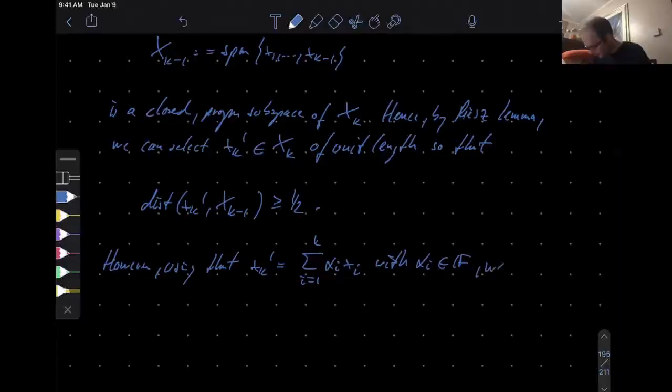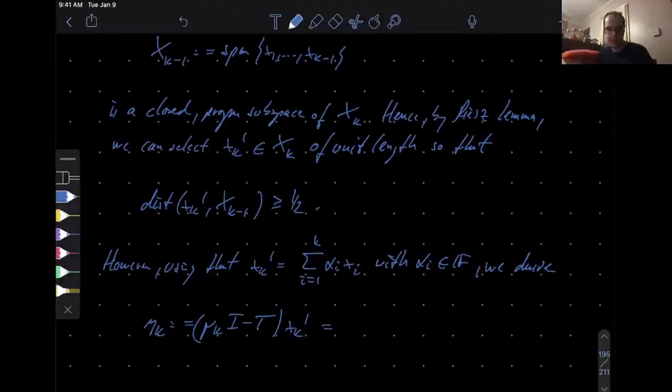We derive yk. That's just an abbreviation for mu k minus T applied to xk prime. So what do I have? xk prime is in the span of eigenvectors of T, so I can use the eigenvalue-eigenvector equation for the second part, and I can use the expansion, which is up here, for both.